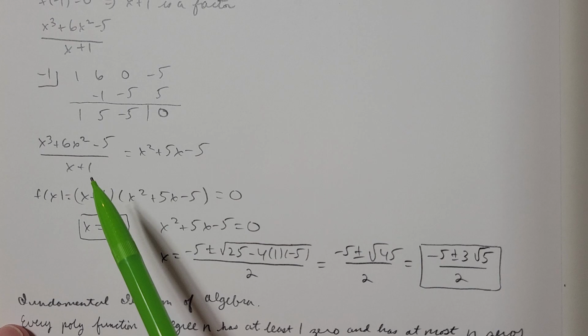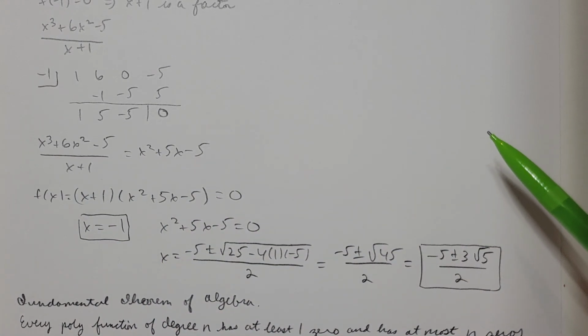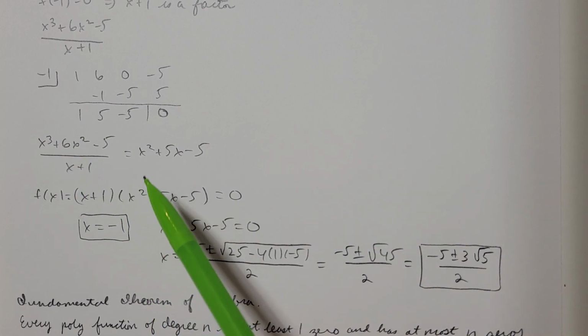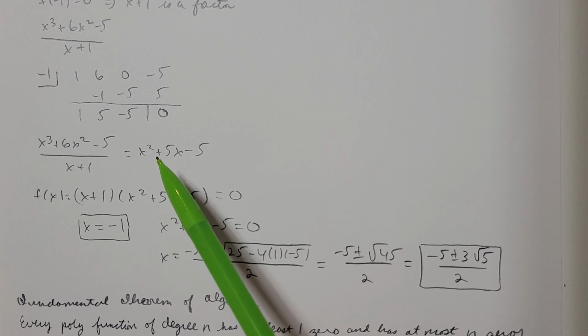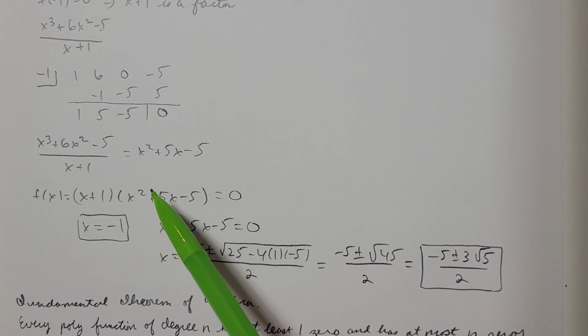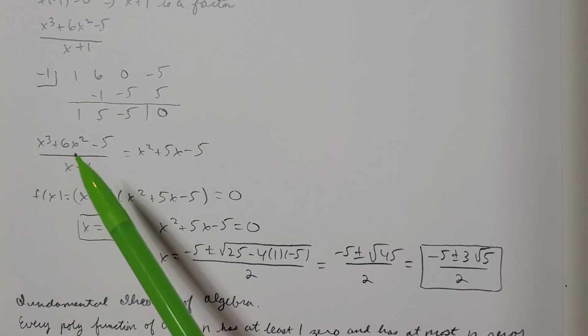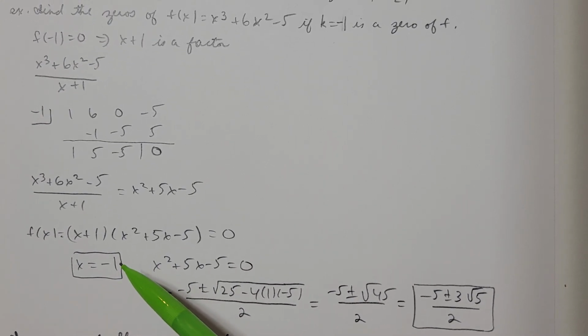Well, let's go ahead and multiply both sides of this equation by x plus 1. So x cubed plus 6x squared minus 5 would be equal to x plus 1 times x squared plus 5x minus 5. That's what we're calling f of x. Okay, and we're trying to factor f of x. Well, you can see that we've already started to do that.